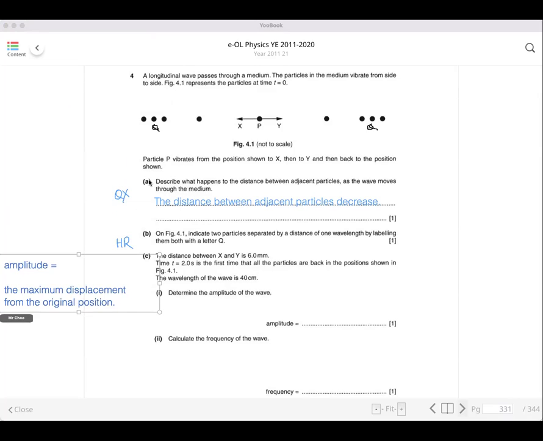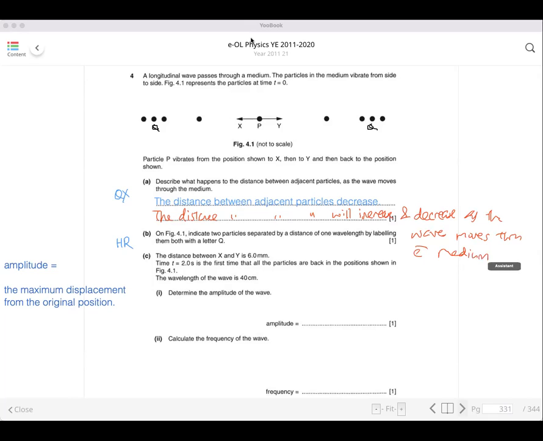What happened in part A here is that the distance between adjacent particles will increase and decrease as the wave moves through the medium. Is that clear?